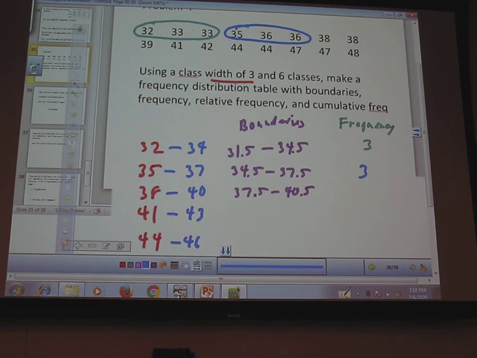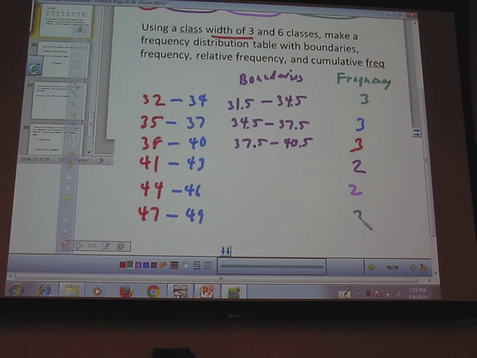Between 38 and 40, that's those 3. Between 41 and 43, these 2. Between 44 and 46, just those 2. And the last one would be these 3 here. So those are my frequencies.